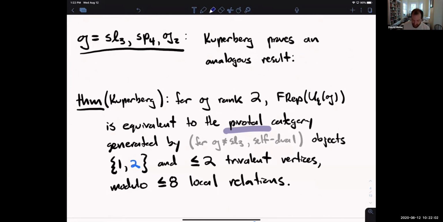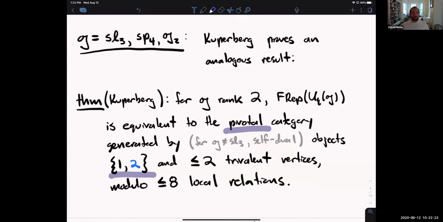Category generated by, I claim, 2 objects. And then you should read the bit that's a little lighter. In the case that you're not SL3, these objects are self-dual. In the case that we are SL3, these objects are dual to each other.